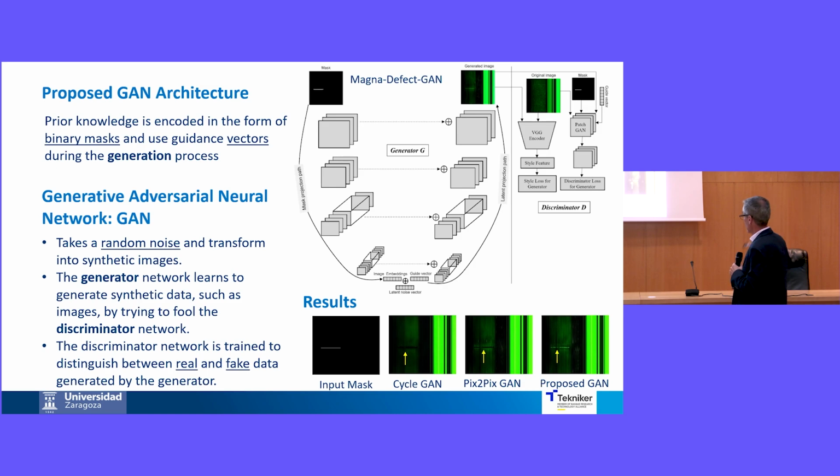This is the second step, in order to know if the image is real or not. So the question is to improve the generator in order to fool the discriminator. In that way, we can generate a lot of digital or synthetic images with many different kinds of defects, very similar to the real ones, without having these real images.